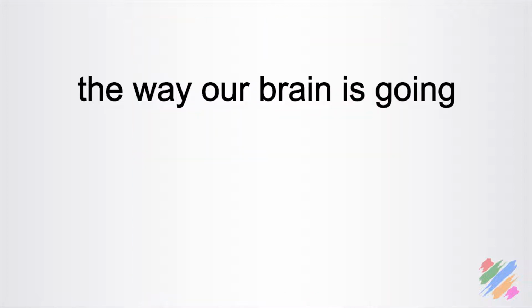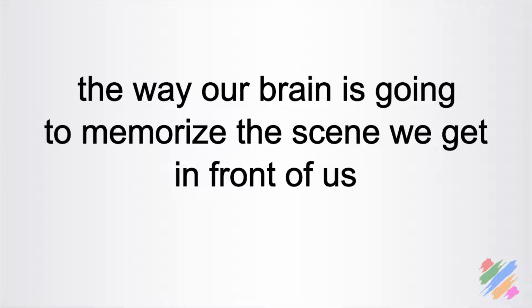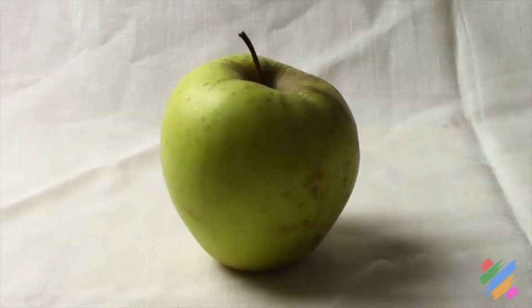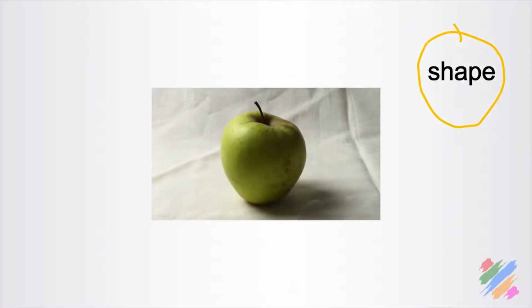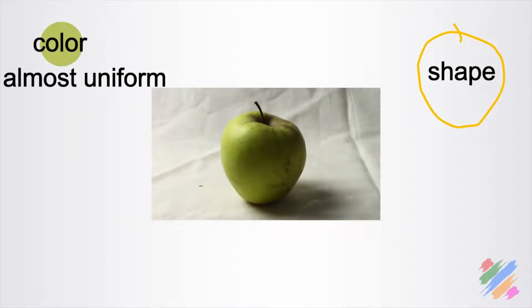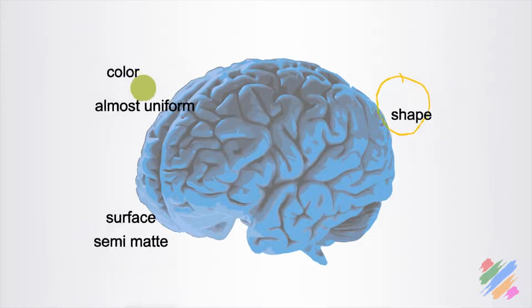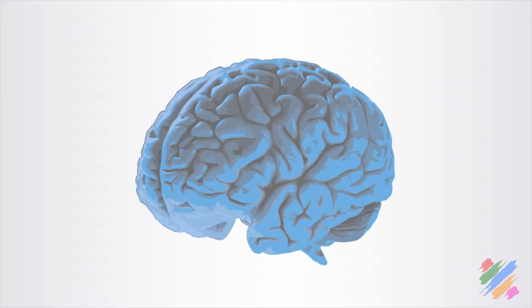The way our brain memorizes the scenes we get in front of us is very complex. It can't memorize the whole scene, so it's going to take out just some information that, according to the other information we have in our memory, case by case it's going to choose, and it's going to memorize only that.